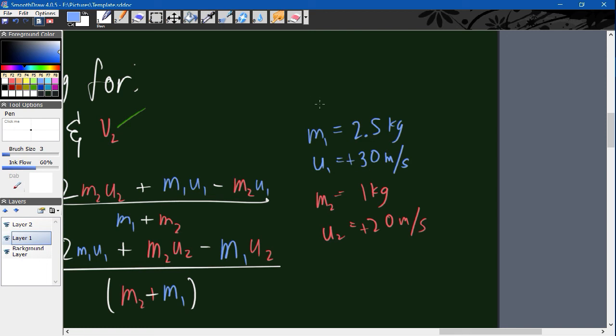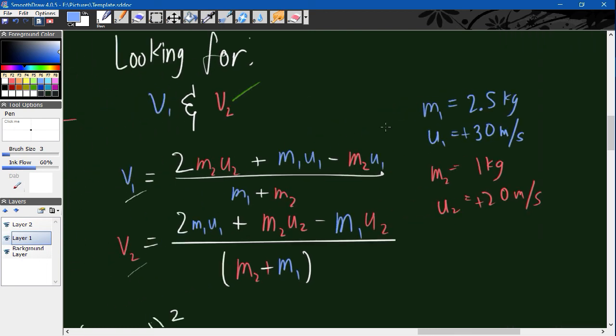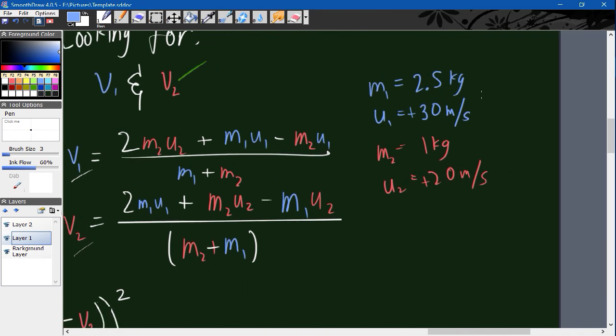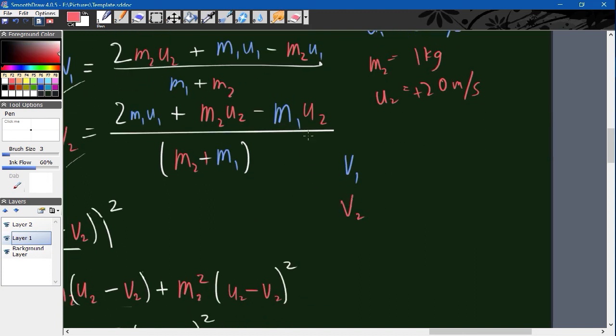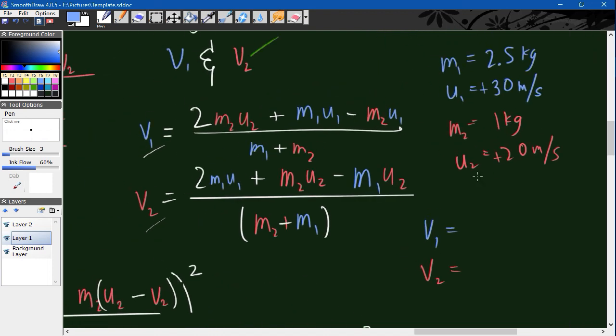Okay, so what I want you to do is put these in your calculator and see what happens. I'll join along and put it in the calculator as well. Typing 2.